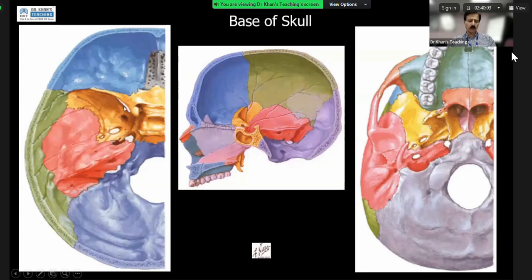For example, the third nerve, the fourth nerve, the V1, which is the ophthalmic division, and also the superior ophthalmic vein. So once again, this is optic foramen, this is superior orbital fissure, this is foramen rotundum, this is foramen ovale, and this small one is foramen spinosum.